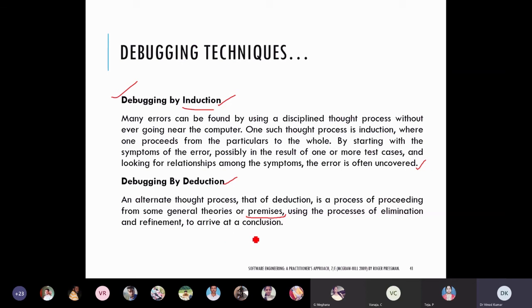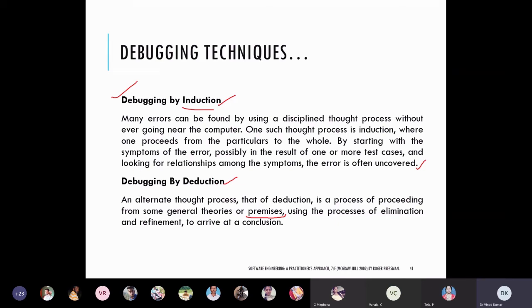So you will apply some elimination techniques. You will keep on refining, adding code, deleting some lines, and then you will come to the conclusion. So this is the deduction. You will deduce a final conclusion that this is the cause, then you can fix those problems.